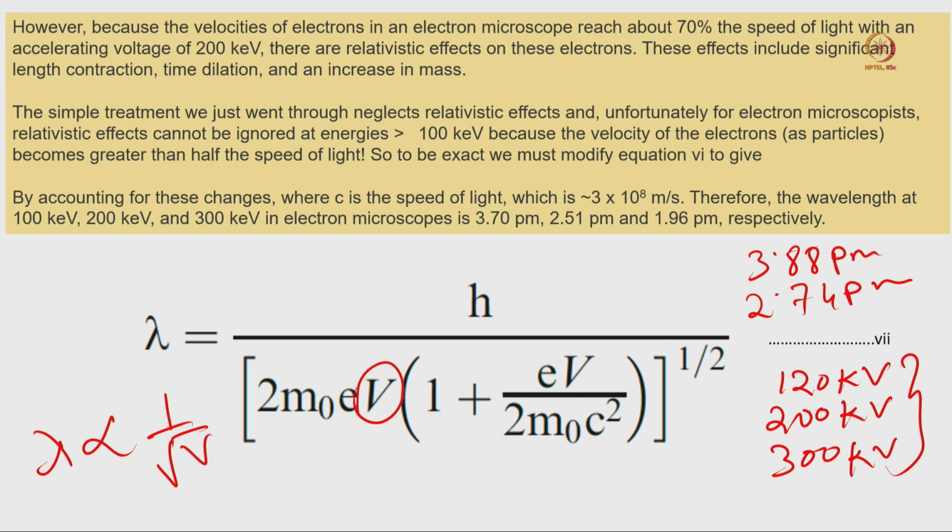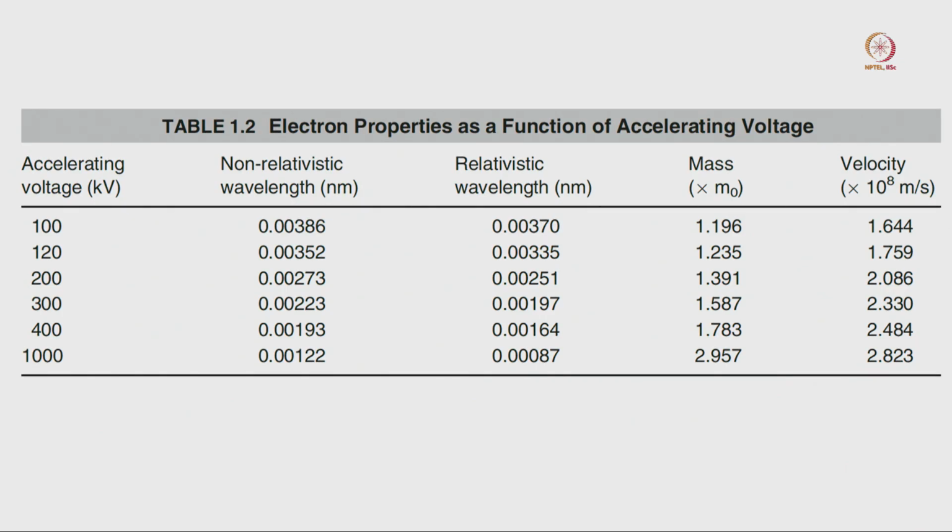Now what is the actual wavelength we should consider when we are considering the relativistic effect? So here is a table where you can see that for 100 kilovolt, as I mentioned, it is in nanometer scale, so it will be 3.88 or 3.86 picometer, and this is 2.74 picometer that I mentioned last.